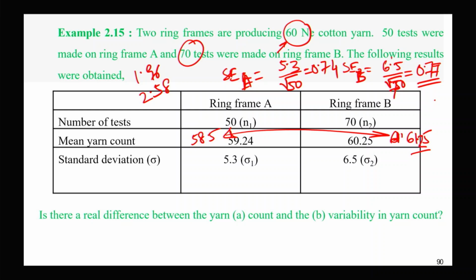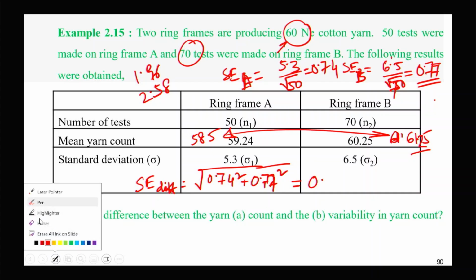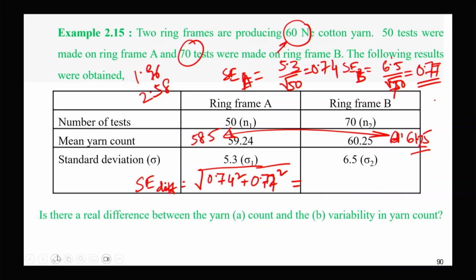So if we calculate the standard error of difference, under root 0.74 square plus 0.77 square, it will be 1.06. Okay.